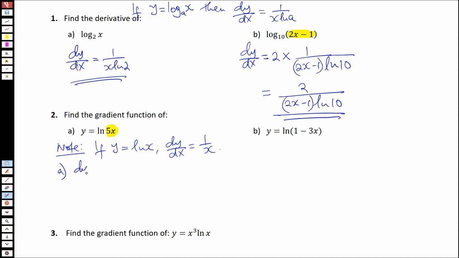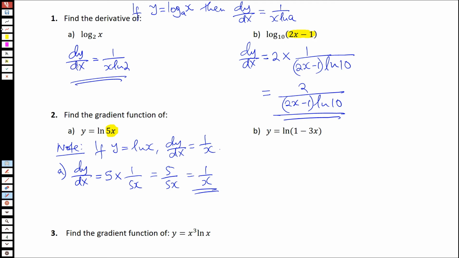So dy over dx will be equal to the derivative of the inside, which is the derivative of 5x, just 5, multiplied by the derivative of outside will be 1 over our x, and our x is 5x, so that will be 1 over 5x. And that simplifies to 5 over 5x, which will just be 1 over x. That will be the required solution.